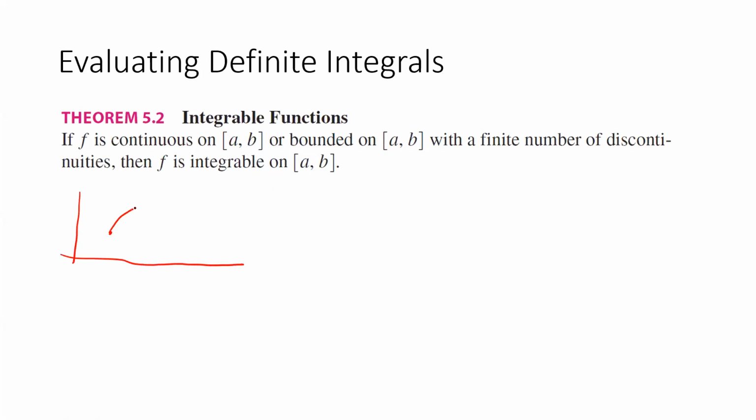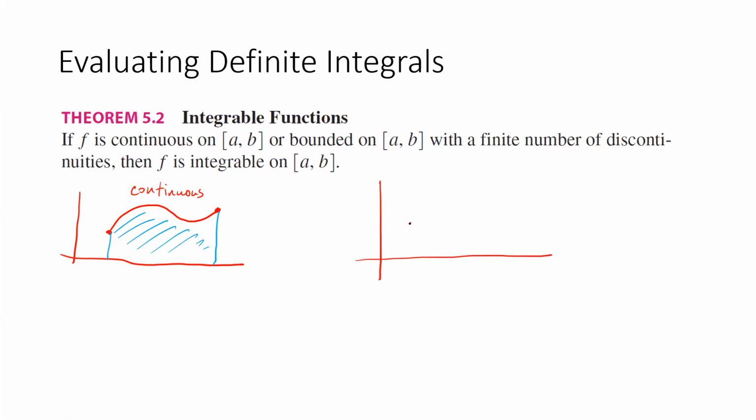You can imagine if I've got some continuous curve, there's always going to be some net area that we can find underneath that curve. So continuous looks like this, but it actually doesn't necessarily need to be continuous, right? Because it says it could also just be bounded. As long as it's bounded on the interval with a finite number of discontinuities, then you can still find the integral of it.